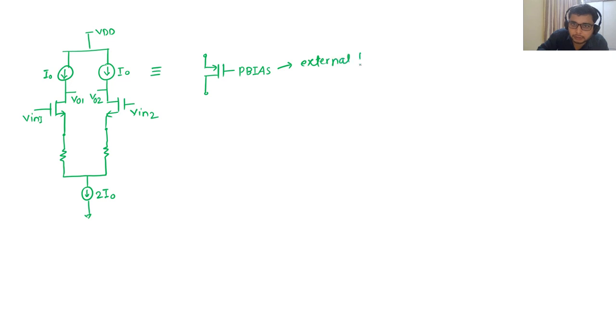This biasing technique I'm not discussing here. And the tail current source is implemented by NMOS, which I call N bias. Again, I am not discussing this biasing scheme. So this is also external biasing.